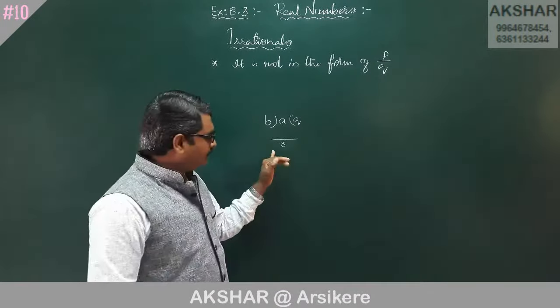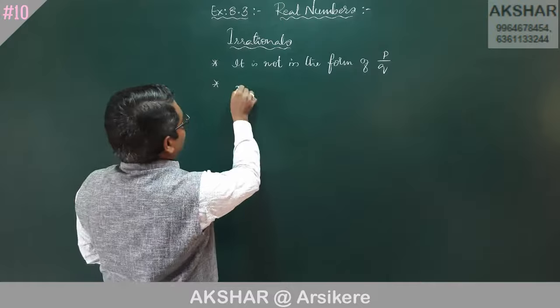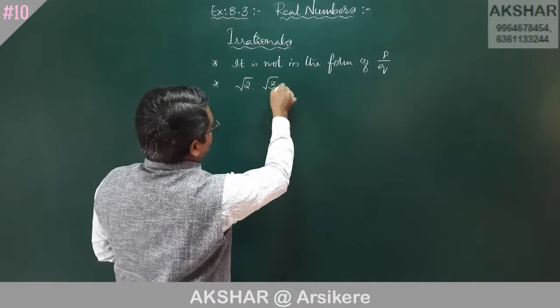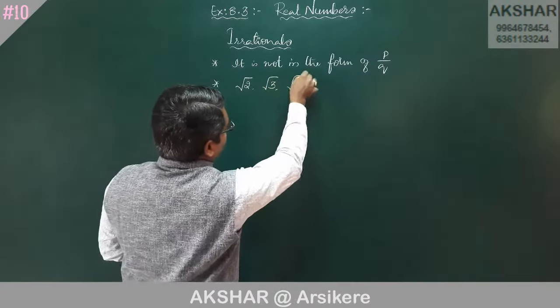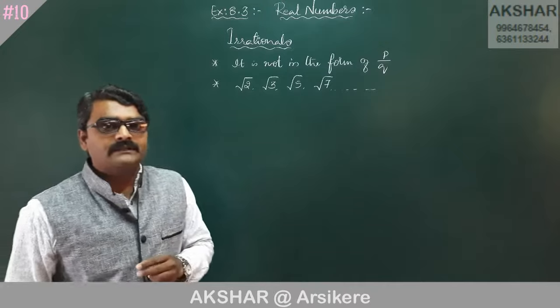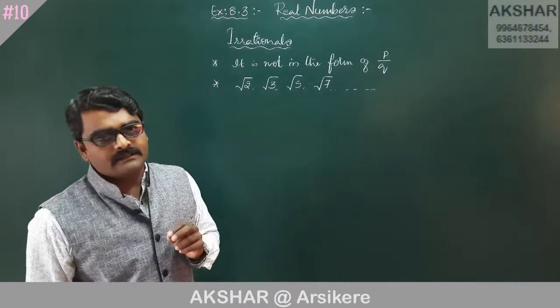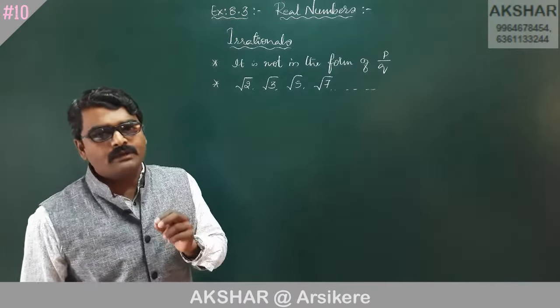That's why irrational numbers are in the form of root 2, root 3, root 5, root 7, and so on. They are in the form of a root. Another name for this is surds, S-U-R-D-S, surds. Okay, my dear children?